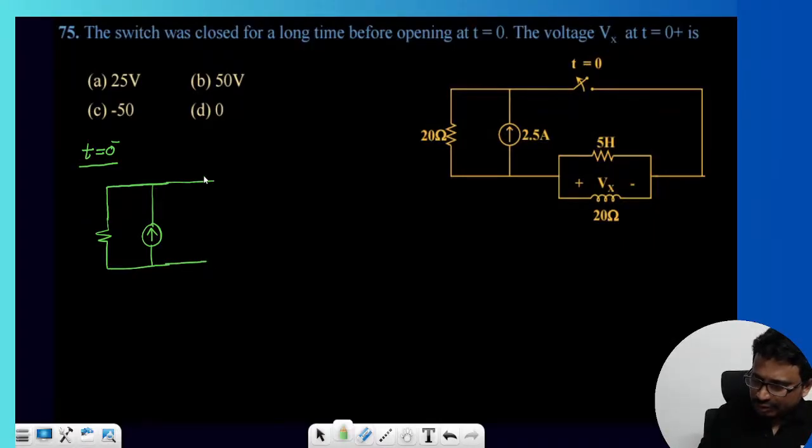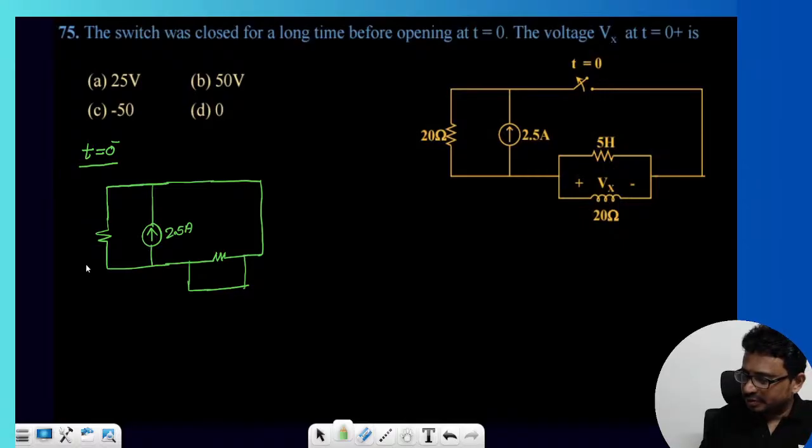Yes, the switch is closed. Here is a resistance. And how will the inductor behave, you tell me. The inductor is shorted. Now this current is 2.5 amps, and here this is 20, and here this is 5.